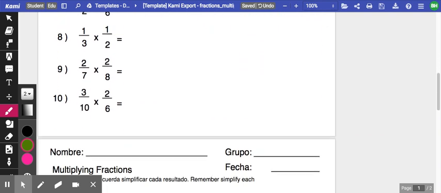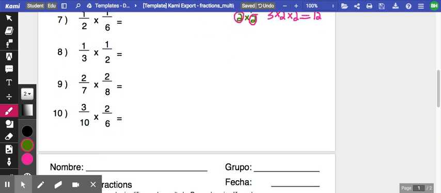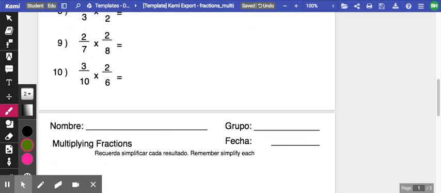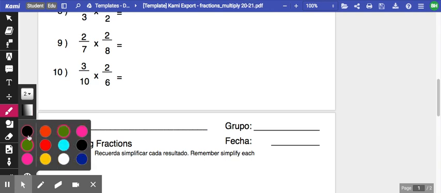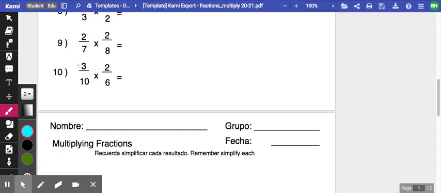Now, I'm going to show a little bit different way you can do this. I tend to find that it's easier for me to simplify smaller numbers.